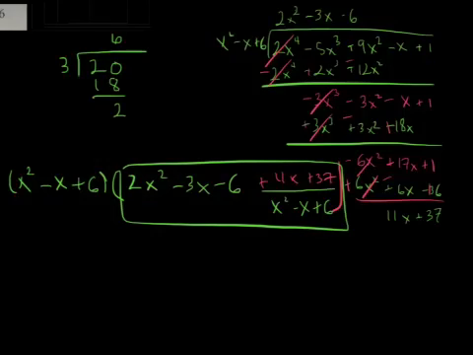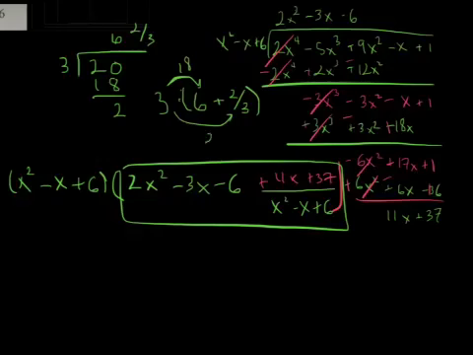So your answer is 6 and 2/3, because when you multiply 3 times 6 and 2/3, well, 3 times 6 is going to give me 18, and 3 times 2/3 is going to give me 2, and what I end up with is going to be 20. All right, hope that helped.